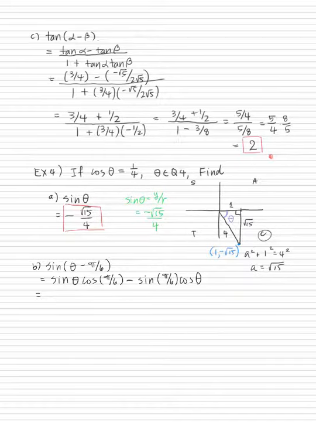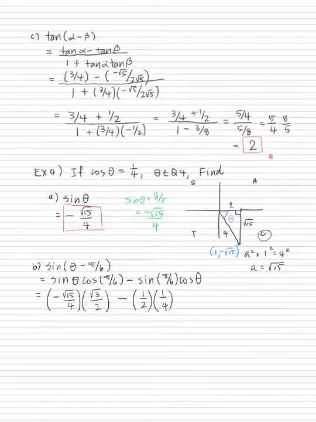Alright, so let's compute this out. First of all, sine of theta is negative square root of 15 over 4. And cosine of pi over 6 is root 3 over 2. And minus sine of pi over 6 is 1/2. And cosine of theta is 1/4.